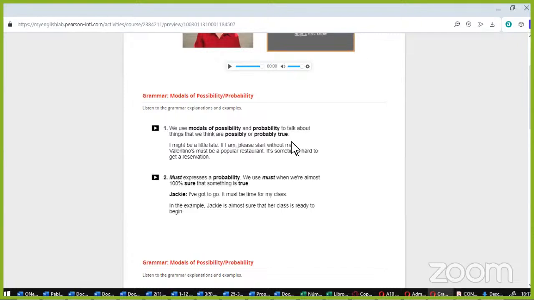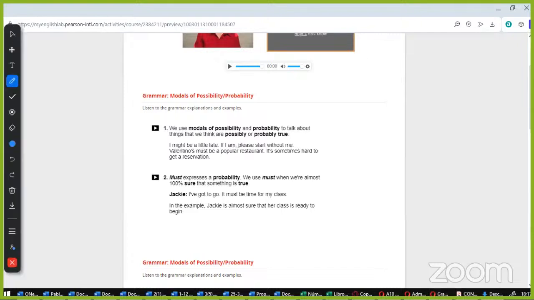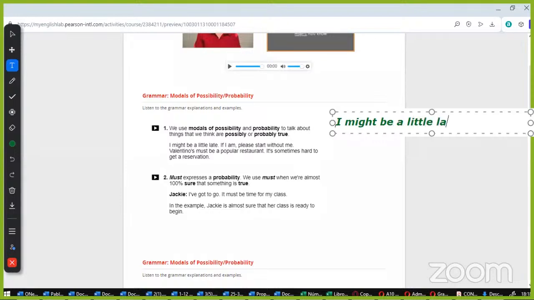Okay, so here we have these modals of probability and possibility. In this case, might be. I might be a little late.